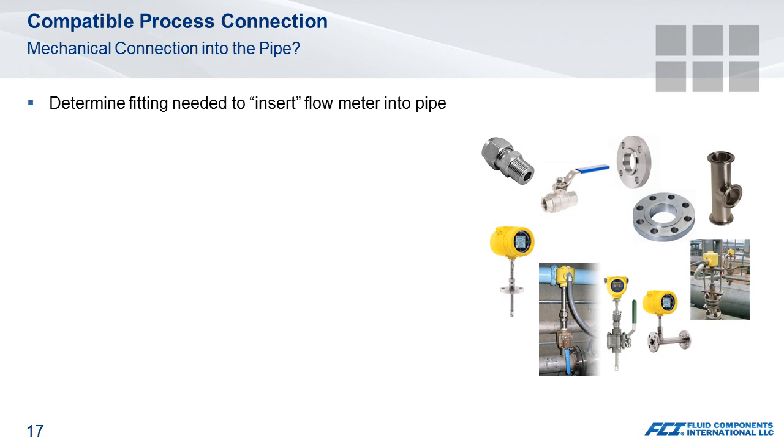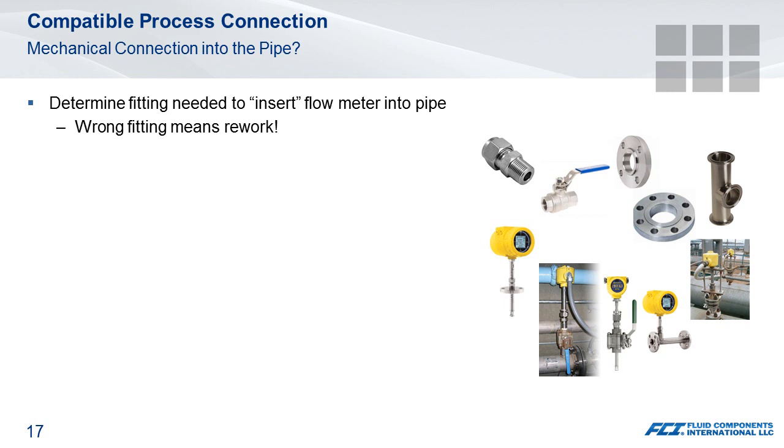Various manufacturers do not offer all of those, and it is one of the worst possible things to get the product into the field and find out the wrong mating process connection is out there, because that means the dreaded word of rework. Either the flow meter's connection is going to get reworked, or you're going to get the pipe fitters union out there to rework the process connection.